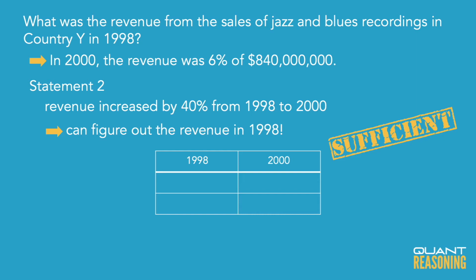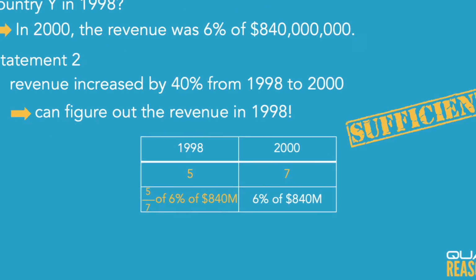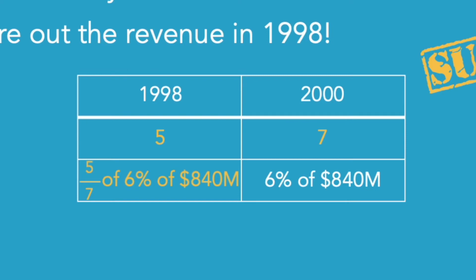So my 1998 is the 100 ratio units, and 2000 would be 140 ratio units. And of course, we can reduce those numbers by a common factor of 20 and get a ratio of 5 to 7. So now I can say that whatever the revenues are in 2000, in 1998, there were 5/7 of that number.